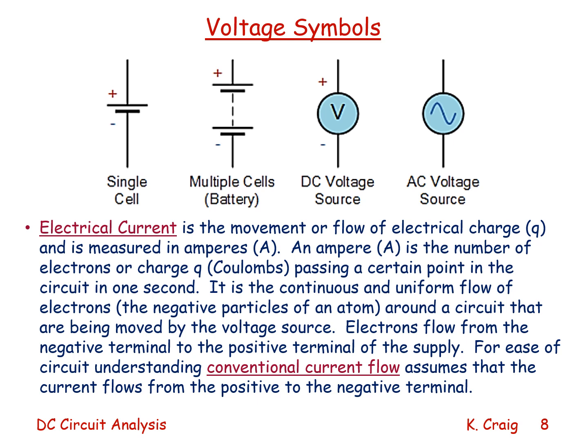It is the continuous and uniform flow of electrons, which are the negative particles of an atom, around a circuit that are being moved by the voltage source. Electrons flow from the negative terminal to the positive terminal of the supply. However, for ease of circuit understanding, conventional current flow assumes that the current flows from the positive to the negative terminal.